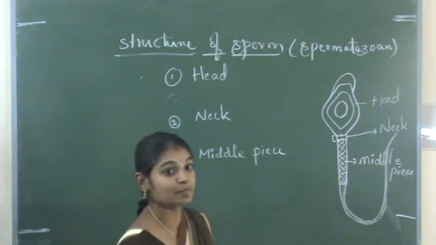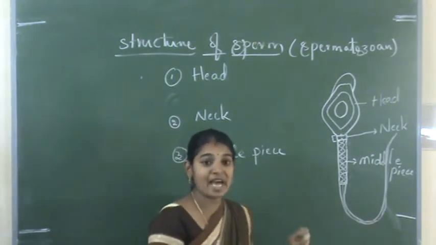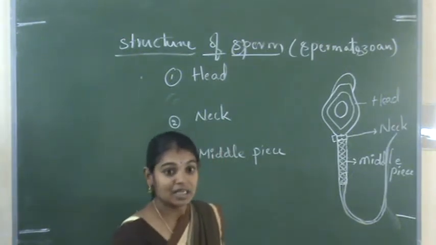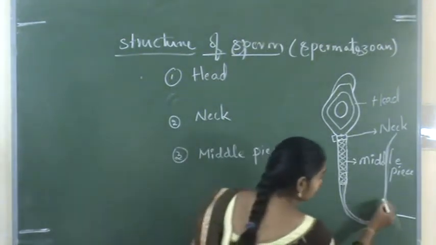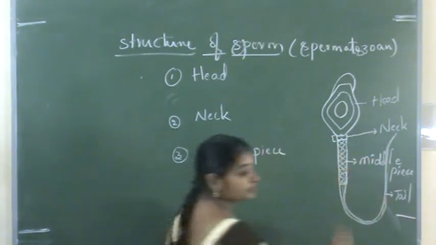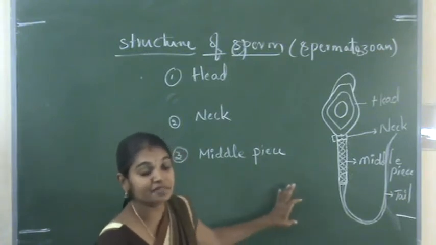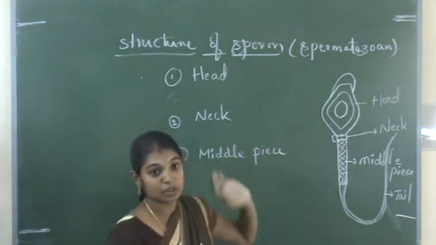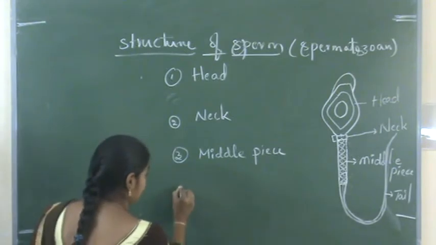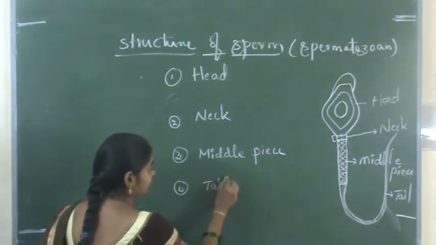And the last part, which is a narrow, long tail-like structure, is known as the tail. So these are the four distinct parts of the matured spermatozoa. The fourth one is the tail.